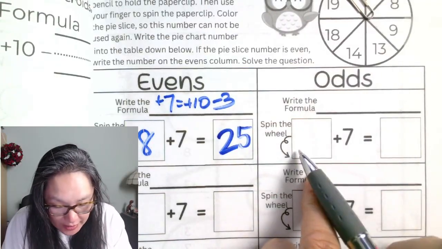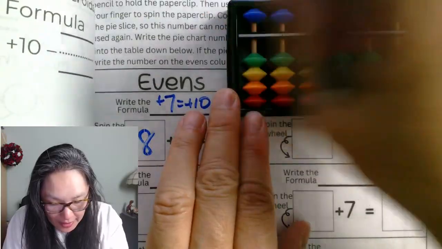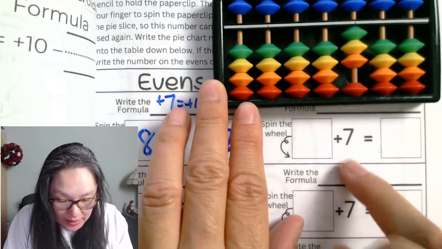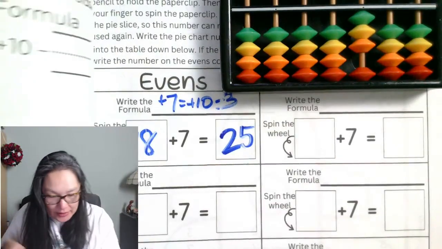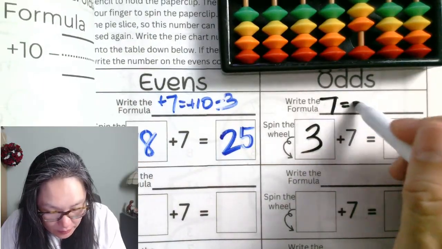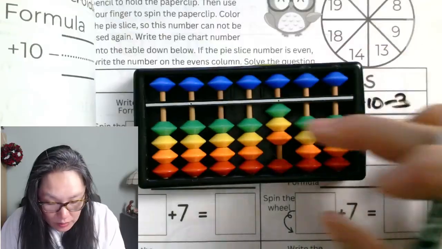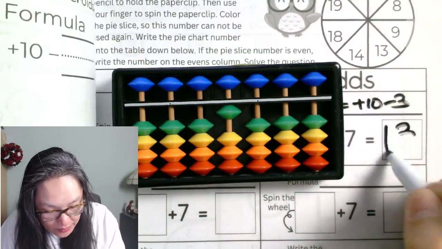So it'd be 3, and then plus the 7. So I have my abacus. I have 3, and I need to plus the 7. How to add 7? Well, plus the 7 is plus the 10 minus the 3. So I'm going to plus the 10 minus the 3. And then my answer is 10.